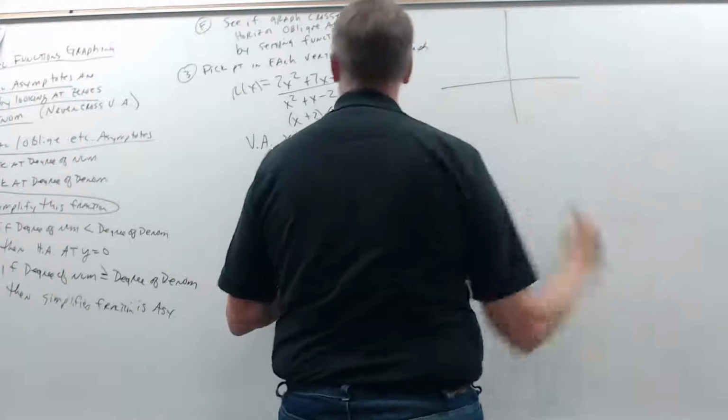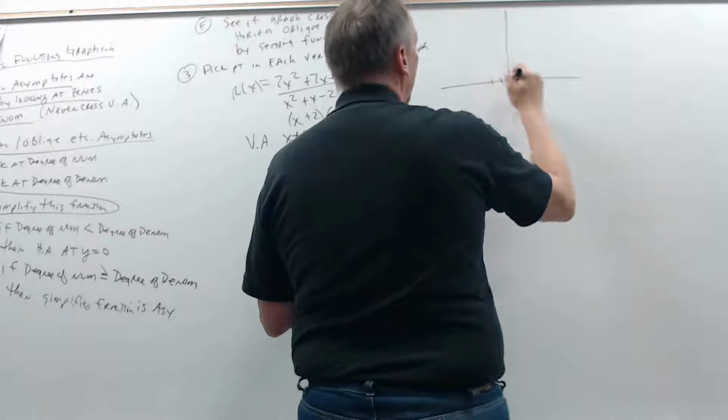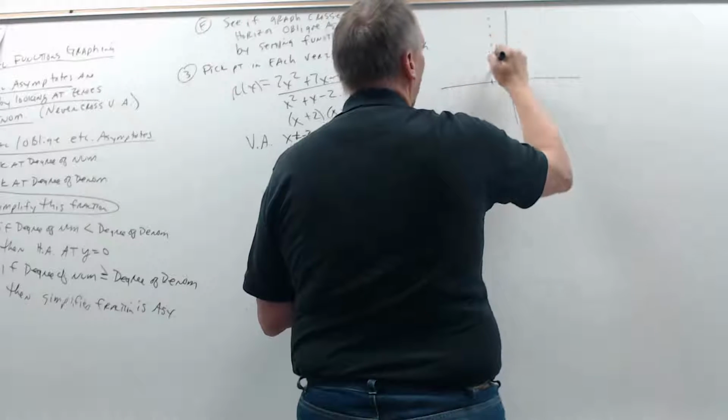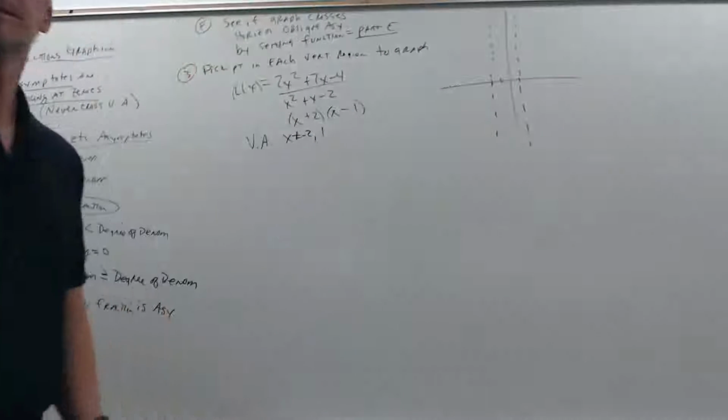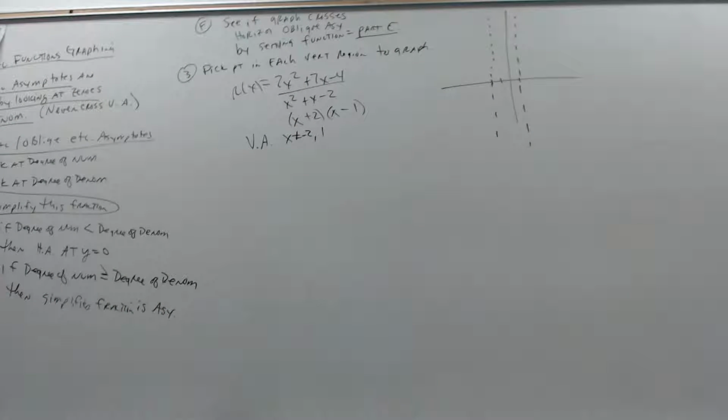Let's just draw those right off the bat. Negative 2, positive 1. Okay? All right, now what? And then you have to find the horizontal or oblique. What's the degree of the numerator? 2. Degree of the denominator? Also 2.